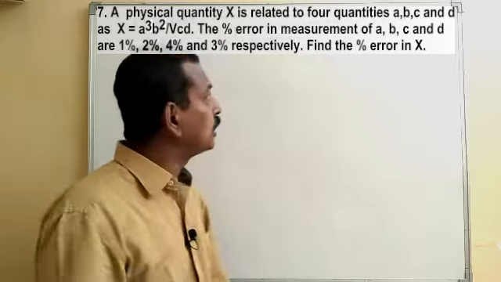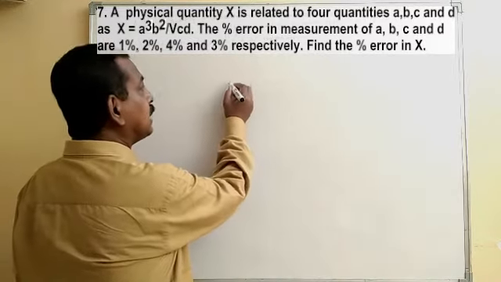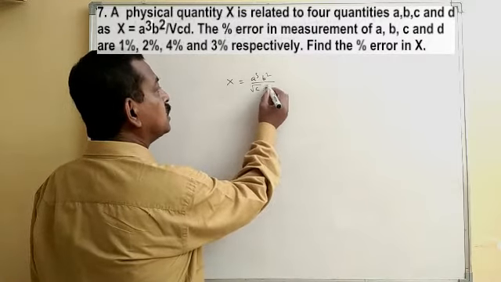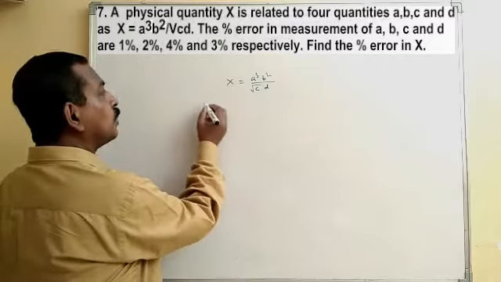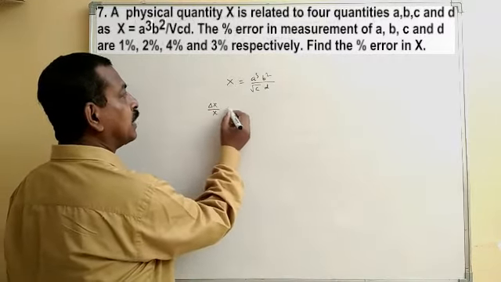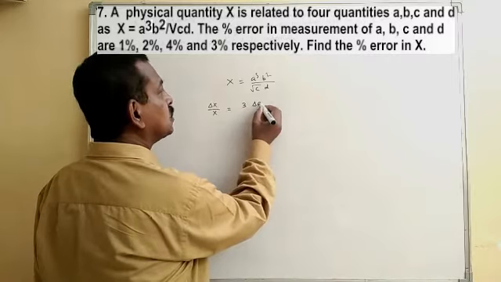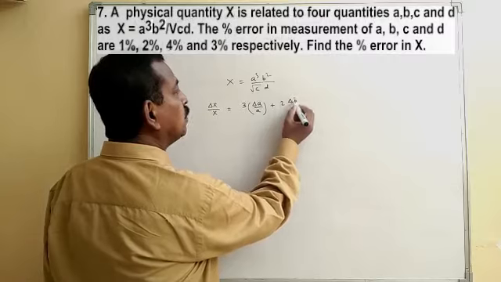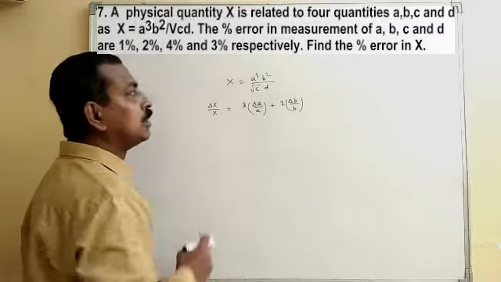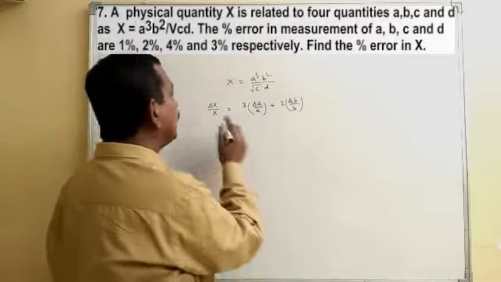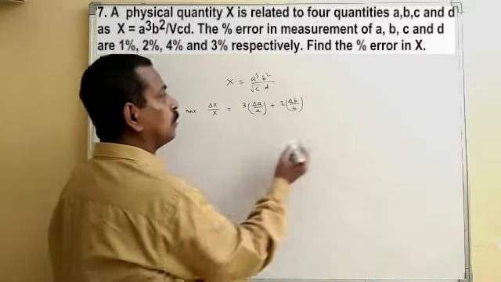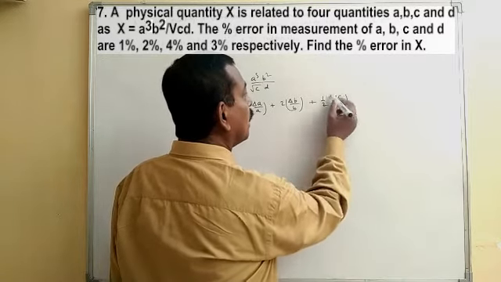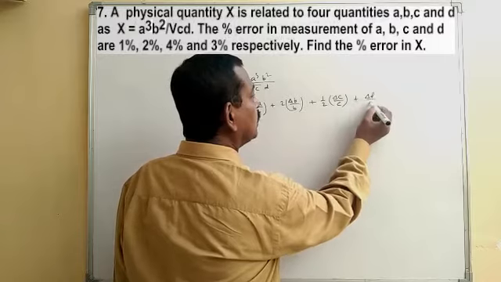So as X is given as A cube B square by root over C into D, we can write delta X by X as 3 times delta A by A plus 2 times delta B by B. All power terms will just be multiplied with their relative error, and of course we are taking the maximum one. So plus half delta C by C plus delta D by D.